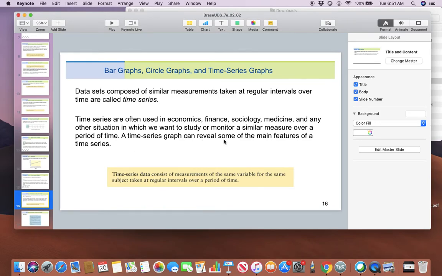A time series graph can reveal some of the main features of a time series. Time series data consist of measurements of the same variable for the same subject taken at regular intervals over a period of time.